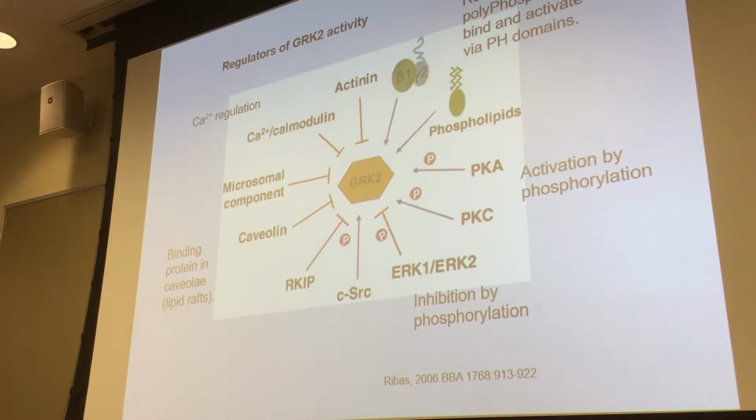Then we have some phosphorylation regulation. We've got ERK, which also can inhibit, and we've got a protein called SRC, which is the non-receptor tyrosine kinase that's in the cytosol, and this is going to be positively regulating by phosphorylating some tyrosines.